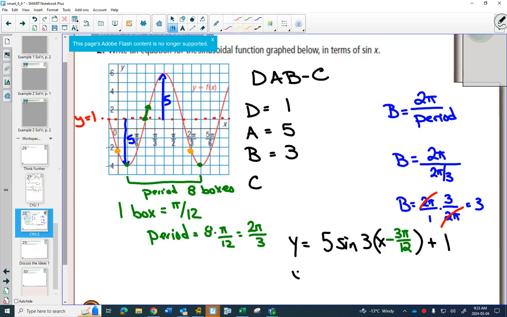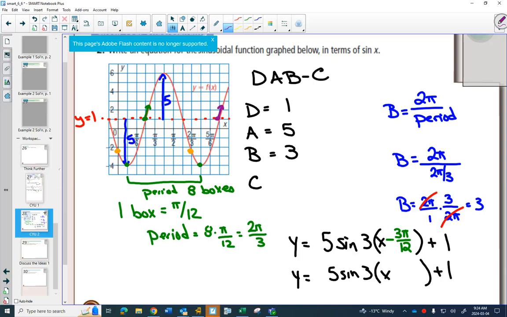Option number 2. Everything else would stay the same, but what if I chose, and this time I'm going to use purple, here's another place in the middle going up. Would you agree?